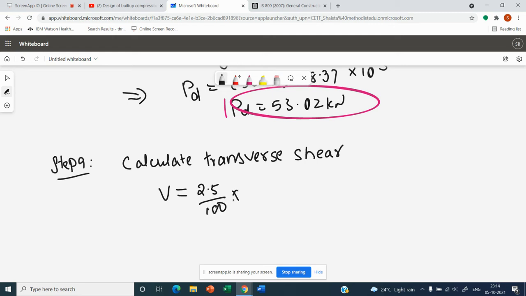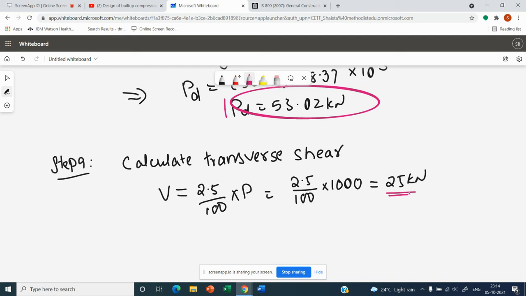So axial load is given in the question. That is, it has to carry 1000 kilonewton. If you watch my previous video, you will come to know this. This is the axial load given. So this comes out to be 25 kilonewton. Fine. This is the transverse shear.